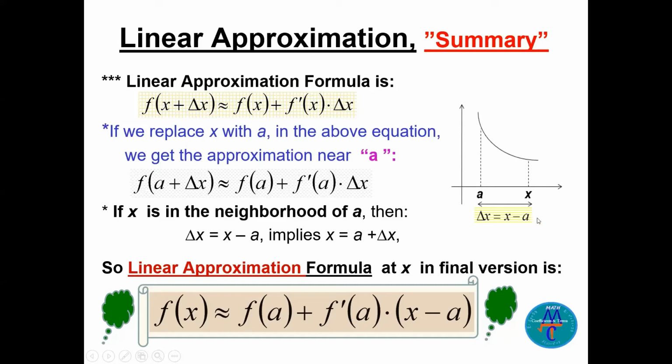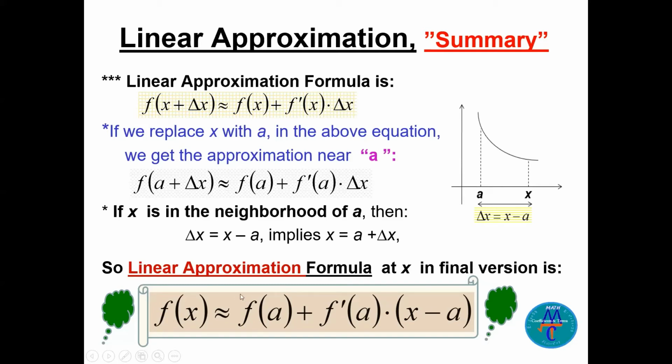So what is delta x? You see, x minus a. Delta x, we can now write as x minus a. This is f prime of a. This is f of a. What is a plus delta x? You see here, a plus delta x. Take a to the other side here also. So it becomes x. So this is the final version here.